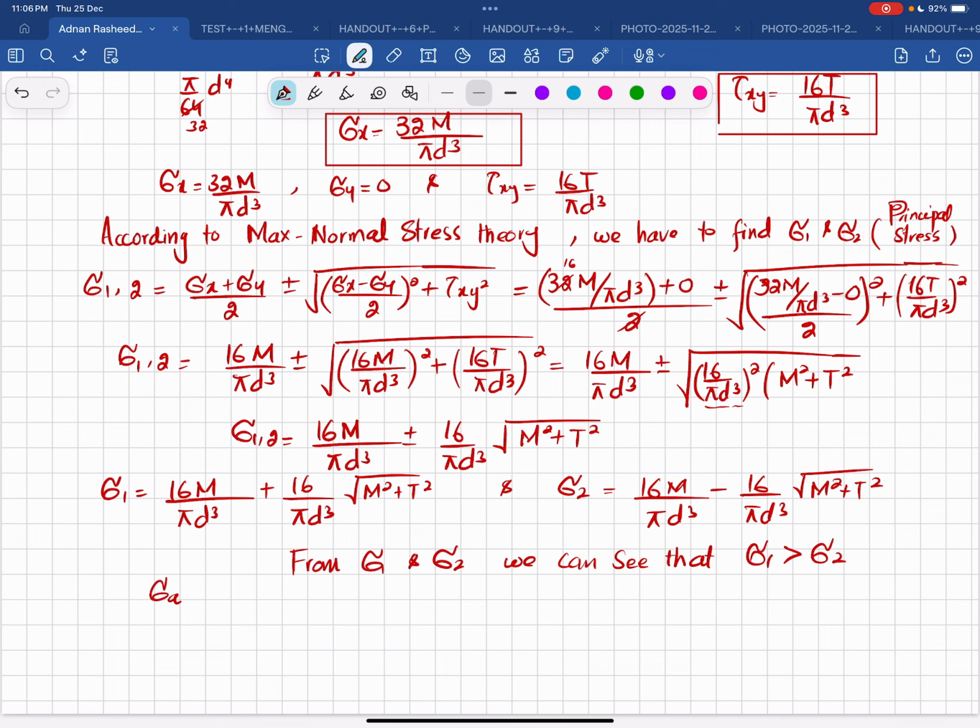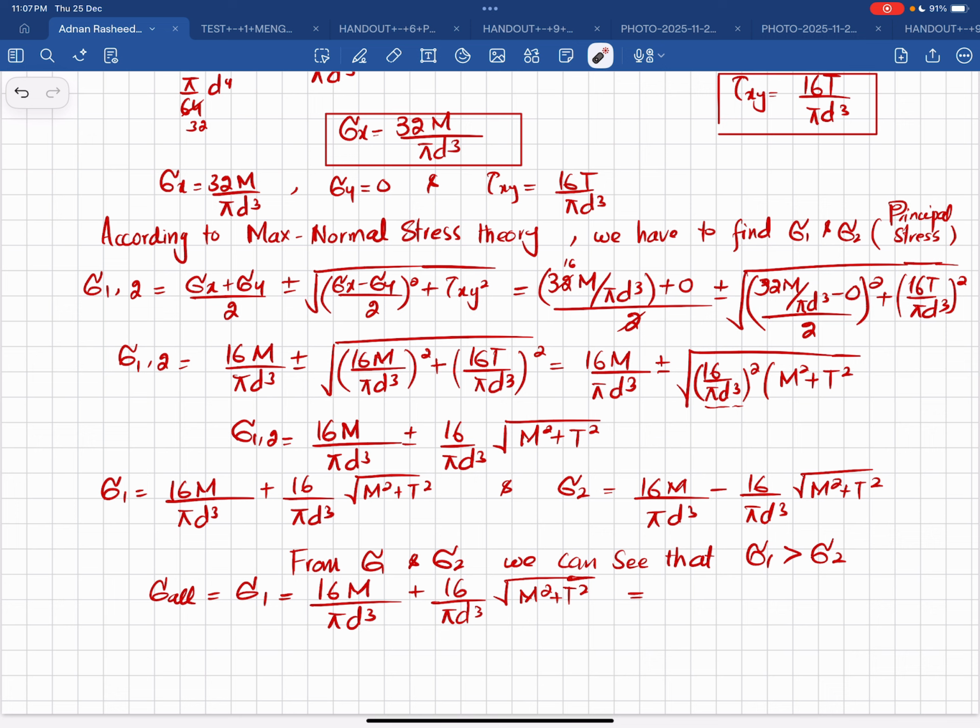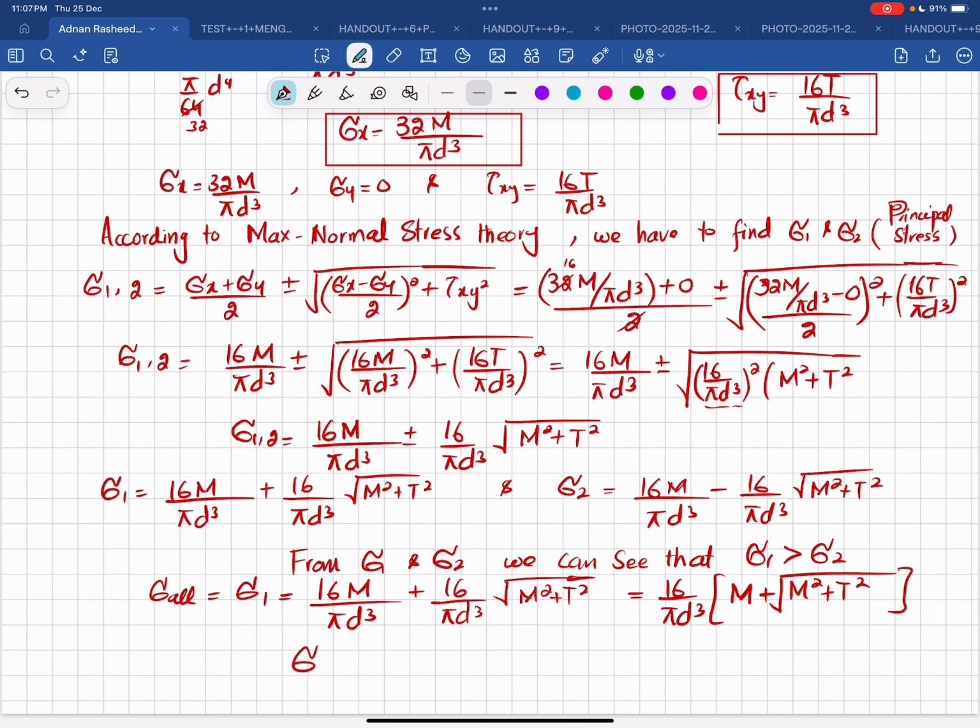It means that the allowable stress, the maximum principal stress, is sigma 1, which is equal to 16M over pi d cubed plus 16 over pi d cubed times the square root of M squared plus T squared. Now you can see in both these terms 16 over pi d cubed is common, so if I take it as common, here we will have M plus the square root of M squared plus T squared. So the final allowable principal stress is equal to 16 over pi d cubed times (M plus the square root of M squared plus T squared), which is the answer.